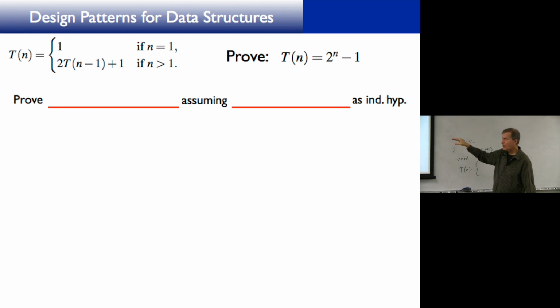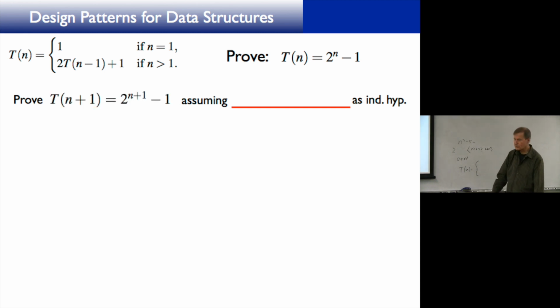Or you could prove T of n equals 2 to the n minus 1, assuming T of n minus 1 equals 2 to the n minus 1 minus 1 as the inductive hypothesis. I guess we're doing it the first way. So prove T of n plus 1 equals 2 to the n plus 1 minus 1, assuming T of n equals 2 to the n minus 1 as the inductive hypothesis.